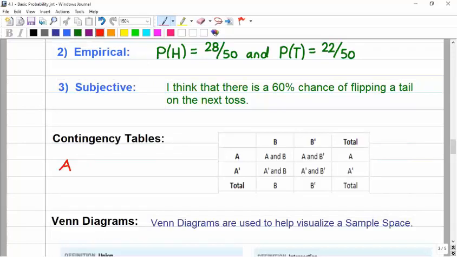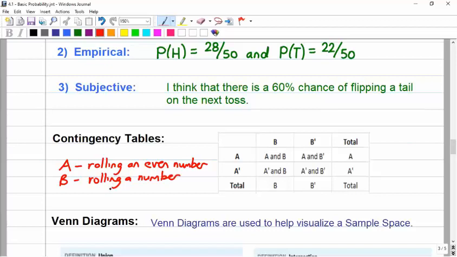Let's use a single die. A is rolling an even number. B is rolling a number divisible by 3.